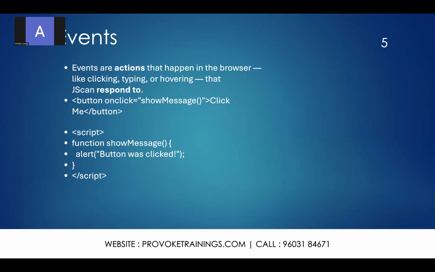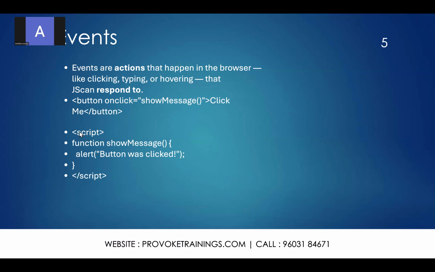The showMessage() is a JavaScript function which is going to do some dynamic action on this button click event. So whenever I click a button, it has to trigger a JavaScript function which does some actions. So onclick is an event, and showMessage is a JavaScript function which does some dynamic performance.